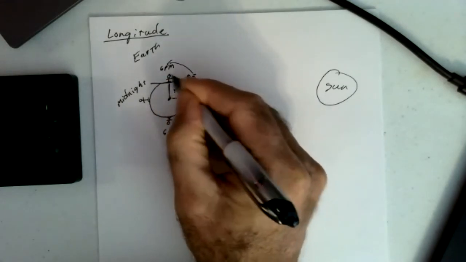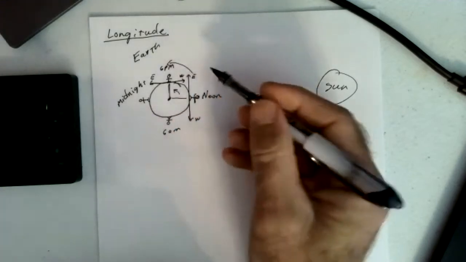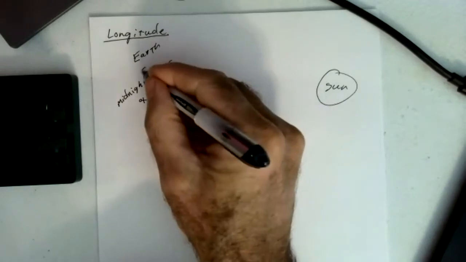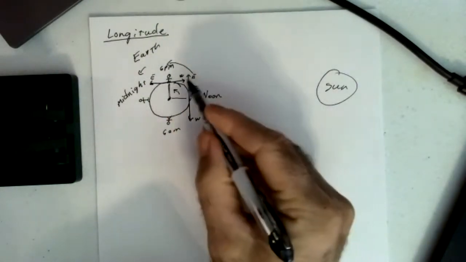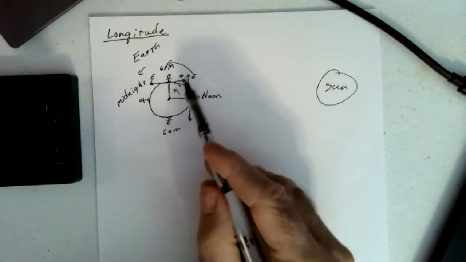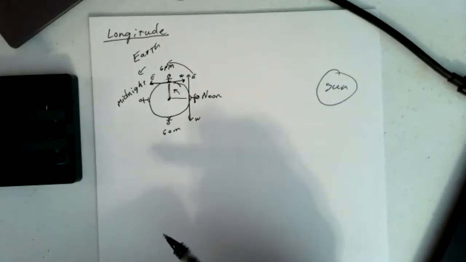For Herb at 6 p.m., east is this way. Remember that if you don't know which way east is, it's always the direction the Earth is rotating. We rotate to the east. So if the Earth is spinning this way, then east is going to be that way and west will be this way, which makes sense because at 6 p.m., if you look towards the west, the sun's going to be low in the west or setting about that time of day.